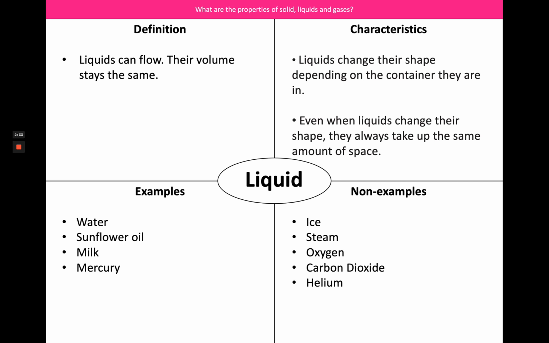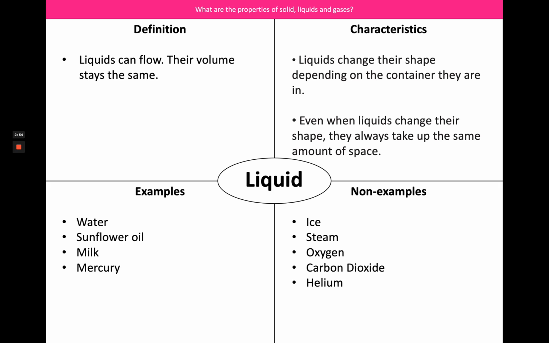If we think about liquids, the first thing that distinguishes them from solids is the fact that they can flow, but like solids, their volume stays the same. We're going to be able to explain these properties when we get to the particle model of matter in a future video.